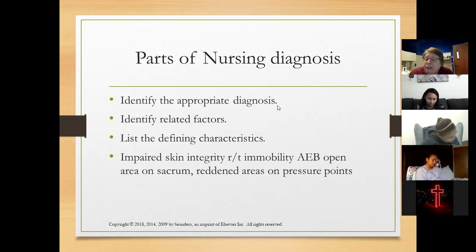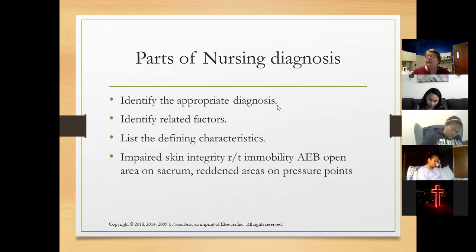And then defining characteristics. These are your signs and symptoms. As evidenced by. AEB means as evidenced by. An open area on the sacrum, reddened areas on pressure points, and then you can add patient unable to turn and reposition themselves, okay? Or it could be impaired skin integrity related to poor nutrition because the patient can't eat, all right?